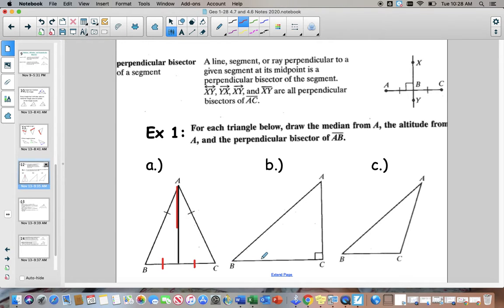So when we draw for B the median, I'm just going to extend that line. Okay, that's our median. And our altitude from A would just be the segment AC.